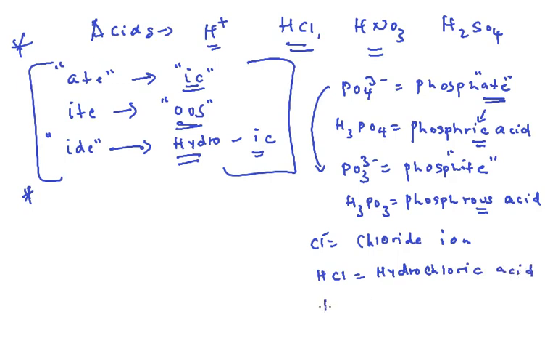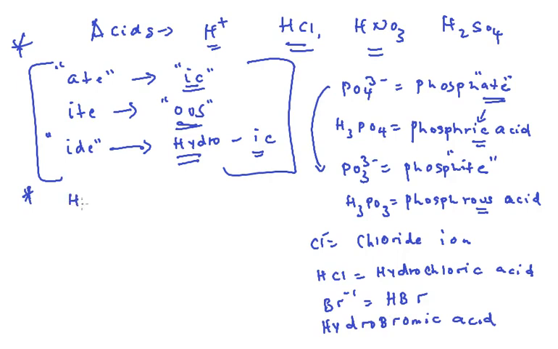So if you have bromine, for example, the corresponding acid, which is HBr, when you name it, you say hydrobromic acid. That's how we name them.